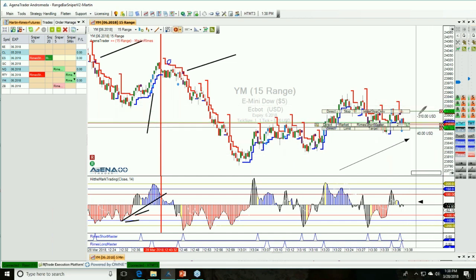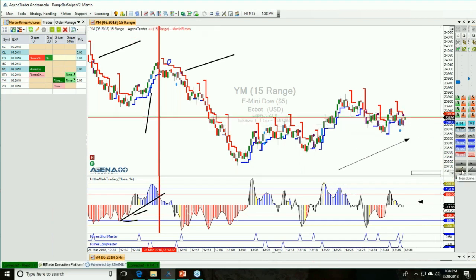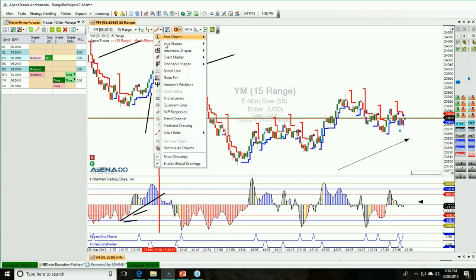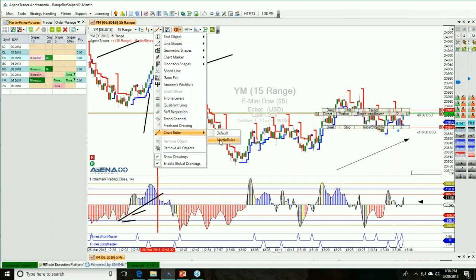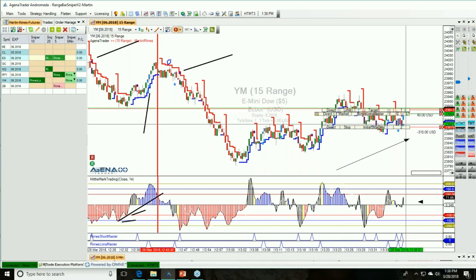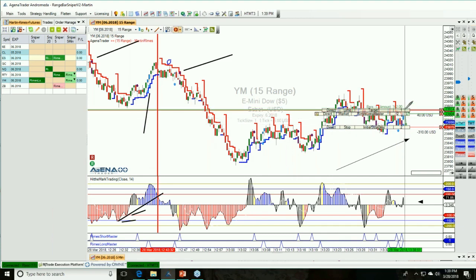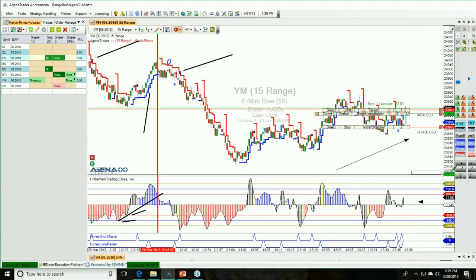Now it looks like we're sideways now. So what do I do? Well, I want to measure this, right? And I'll say, okay, well, where's my, how much are we talking about? Martin ruler. Well, there's $192, right?